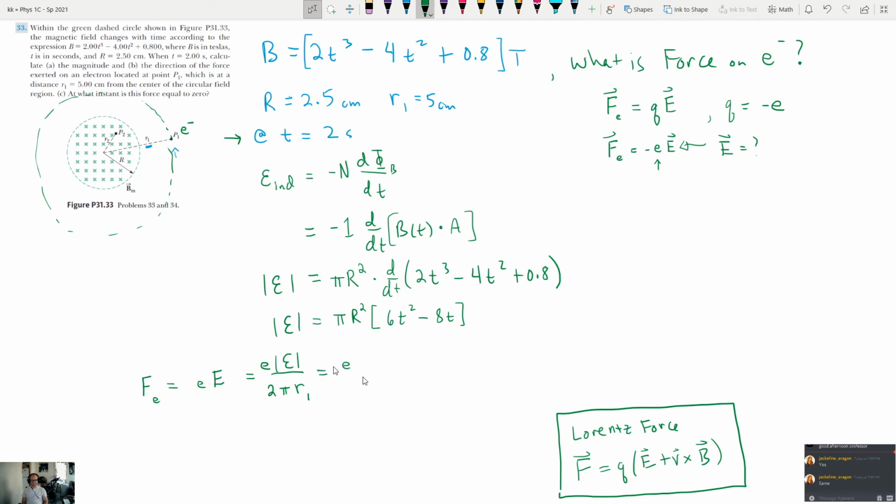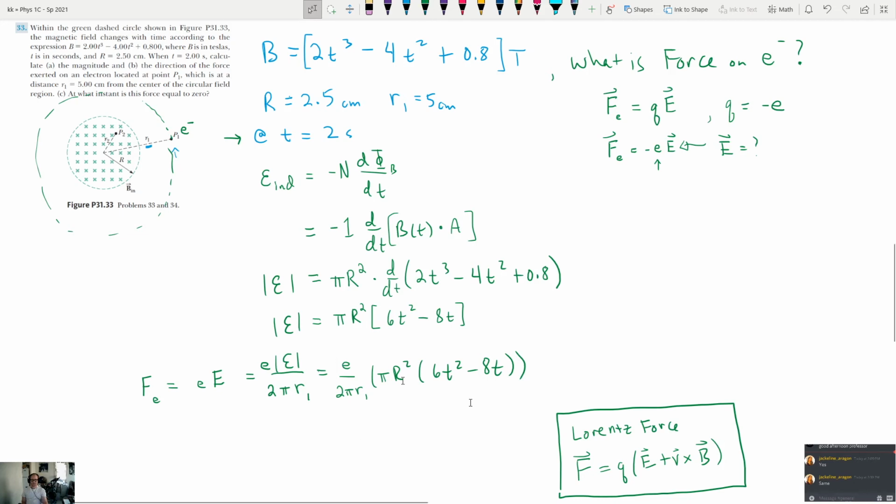So we take e over 2 pi r1 times pi big R squared times 6t squared minus 8t. And now we basically have an expression for the force as a function of time on this particle. Of course, since the particle is going to move, this is only good for this moment in time.